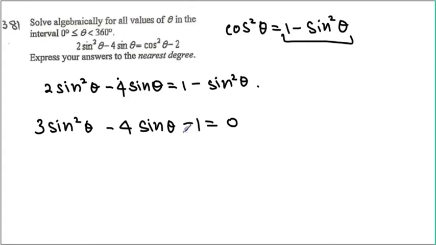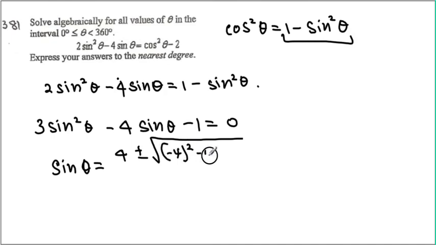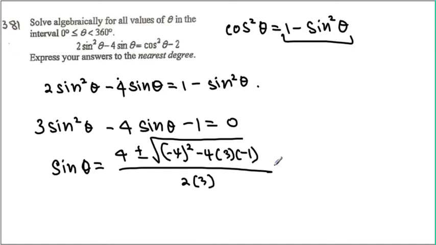So what we like to do is use the quadratic formula. So here we have sine theta equal to negative b, which means 4, plus or minus the square root of negative 4 squared minus 4 times a, which is 3, times c, which is negative 1, all over 2 times a, which is 3.